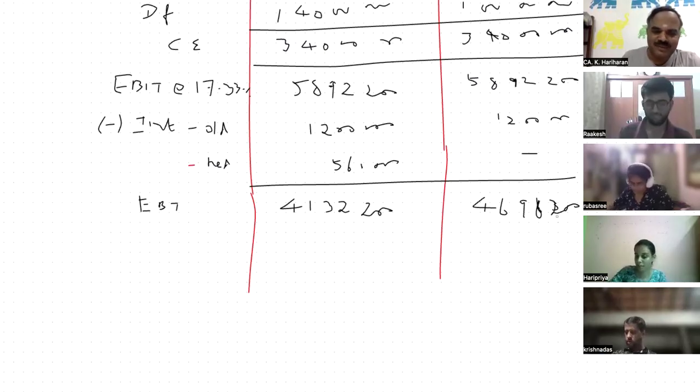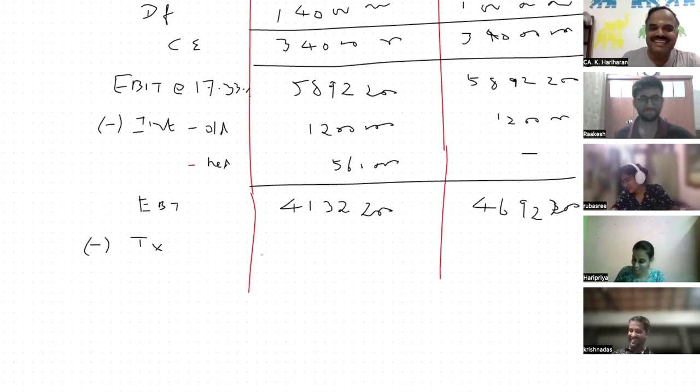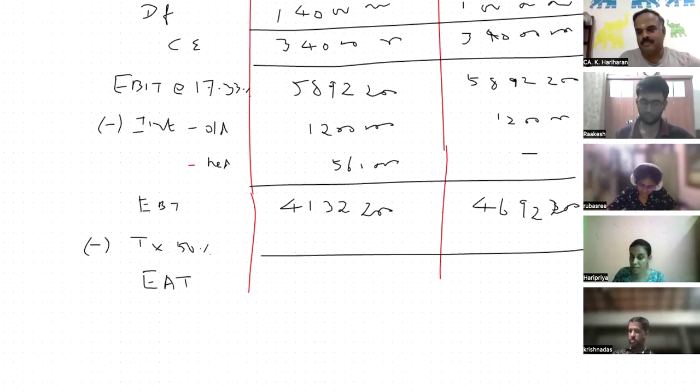Option 1: 20,66,100. Option 2: 23,46,100.